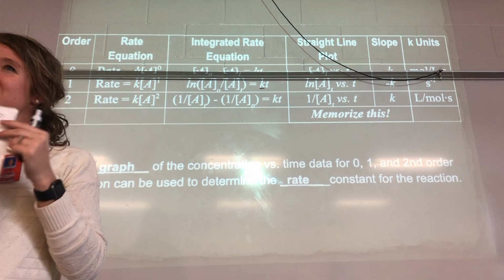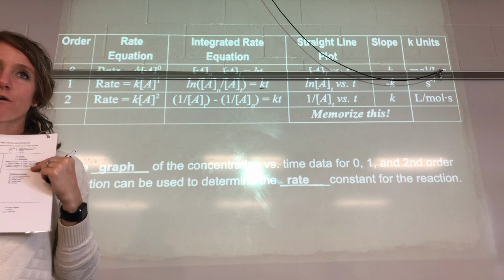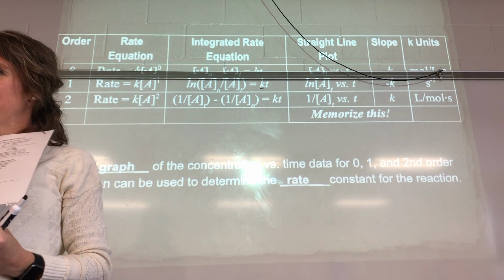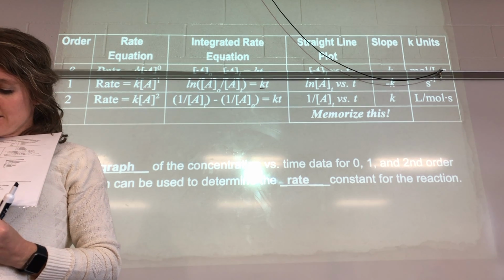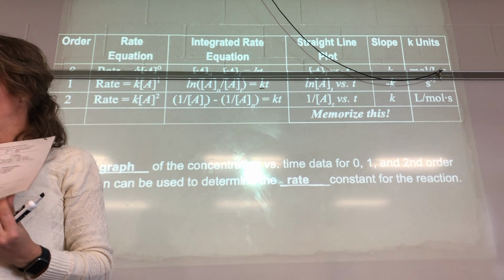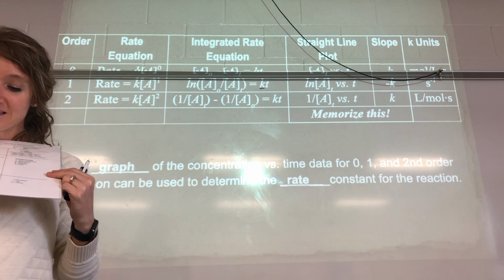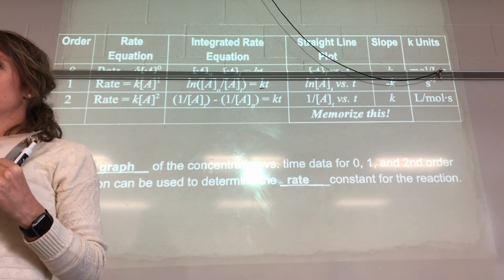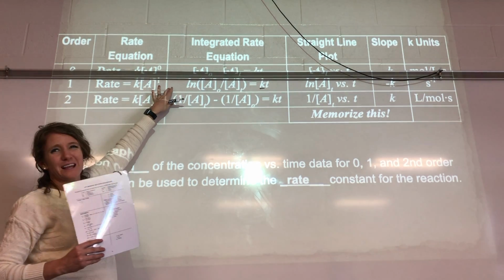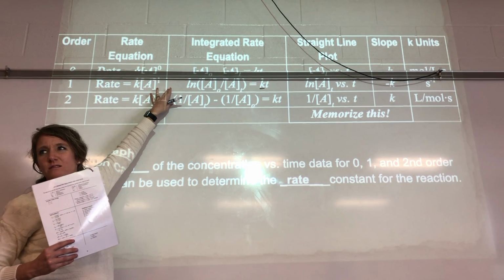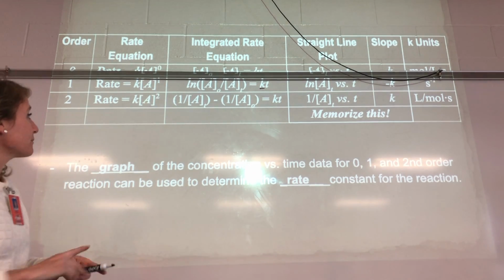They don't have the 0 order one listed, because 0 order doesn't really do anything, so why would you calculate something for it? But it does have first order and second order. It doesn't label them, but they are in order.